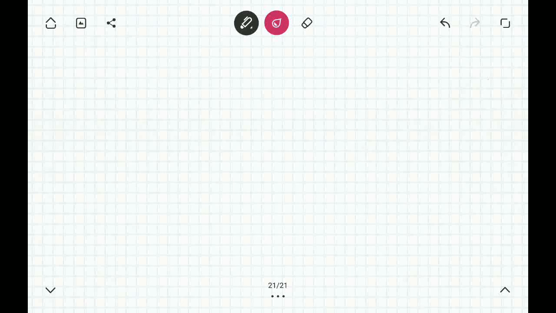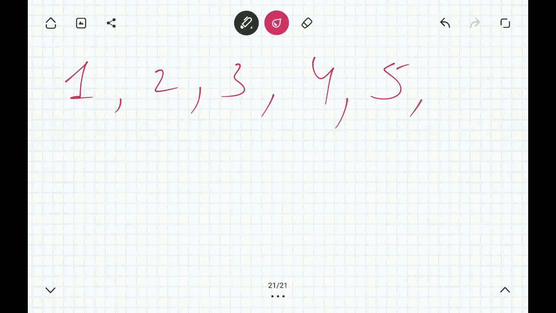Sometimes you can turn any other kinds of events into binary events too. So when you are throwing a die, you have 6 faces it could show up, right? So you have 1, you have 2, well, and all the way up to 6.